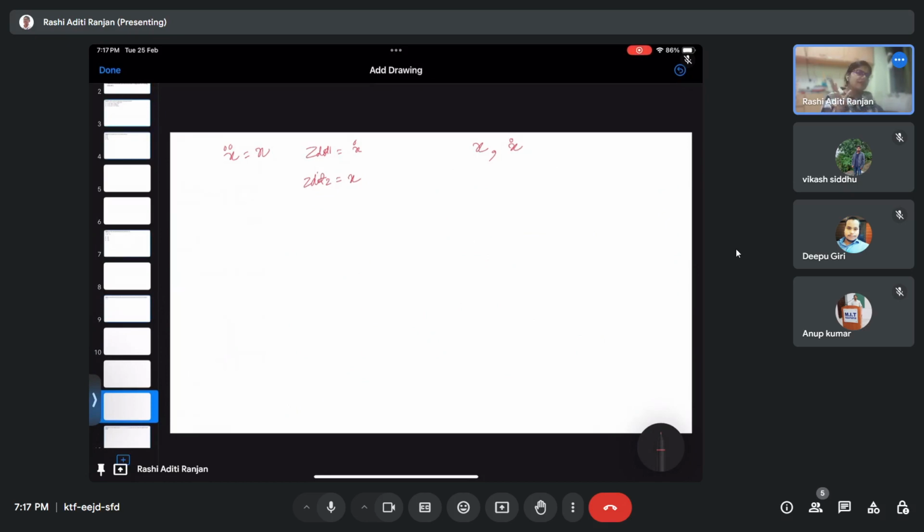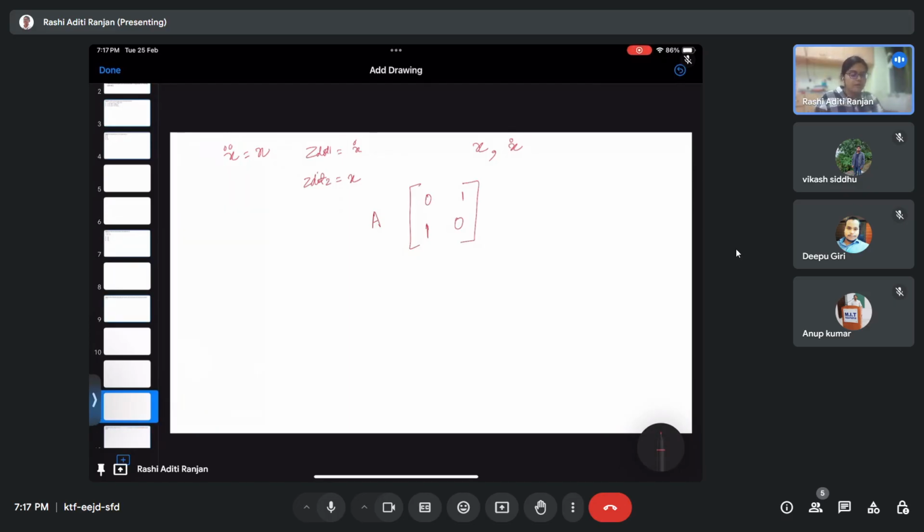Once I plot it, I can tell about the stability of the fixed points. So the A matrix is 0, 1, 1, 0.